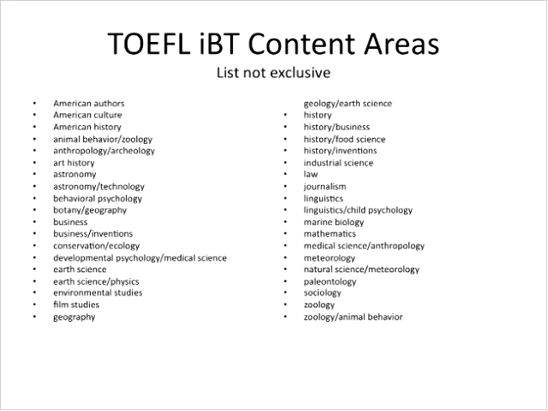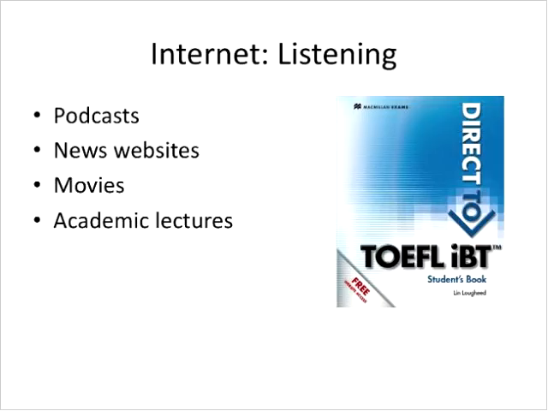So even though the history content itself is not tested, the language and the grammar and the vocabulary that are associated with these are often on the exam. So beyond American history, you get into general kind of things like animal behavior, anthropology, art history, etc. The list goes on, but the key thing is that it is an American exam.